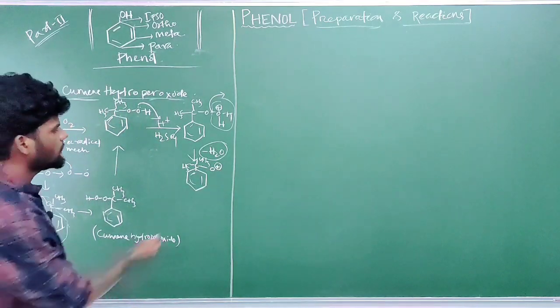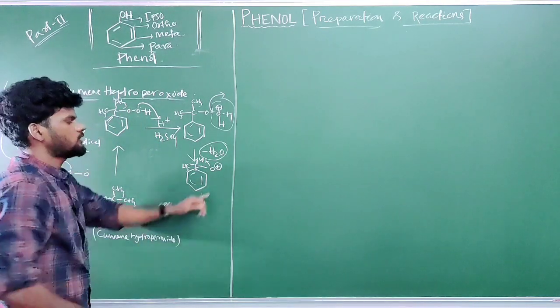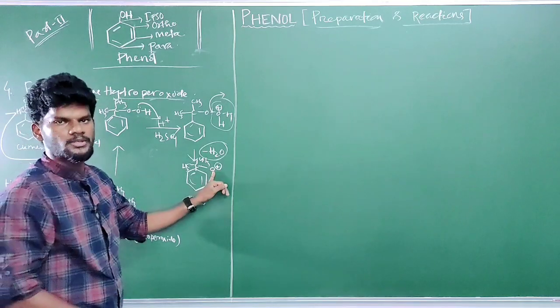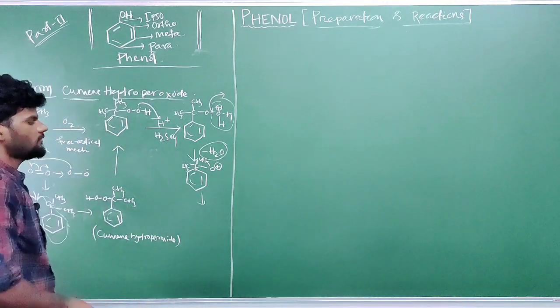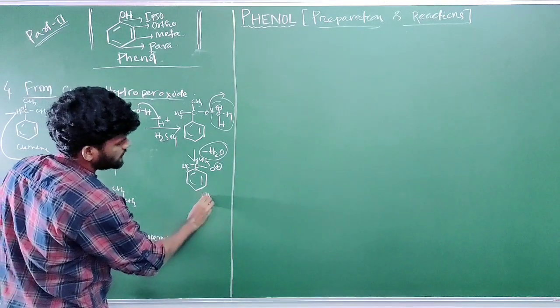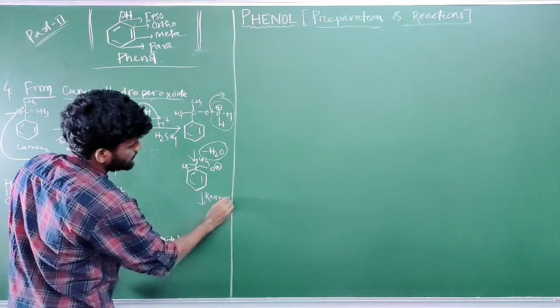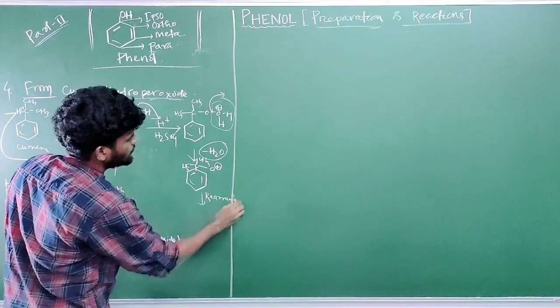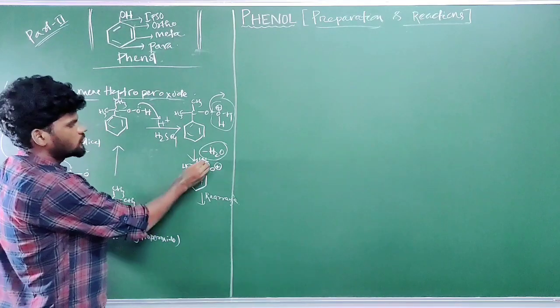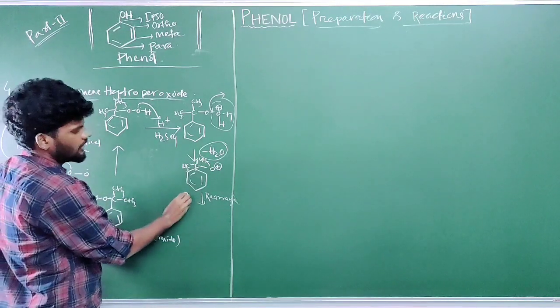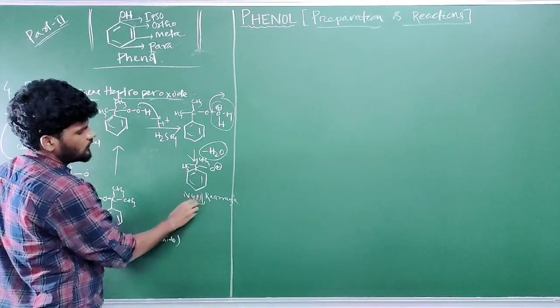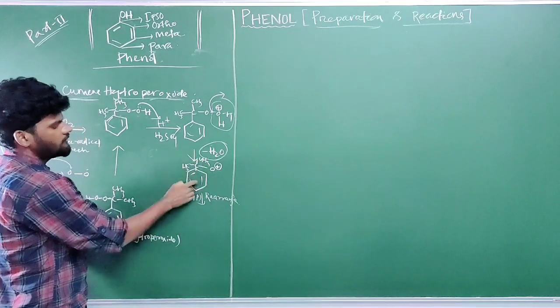In the next step, what will happen? All of you know positive charge over an electronegative element is not stable. So what will happen in the next step? This step is a rearrangement step. So there are three groups, the CH3 group, or you can say neighboring group participation also, and the phenyl ring.